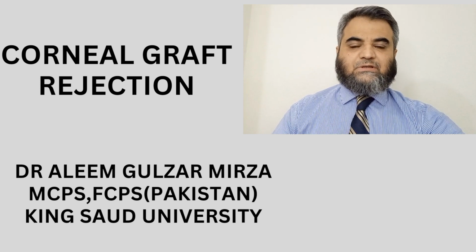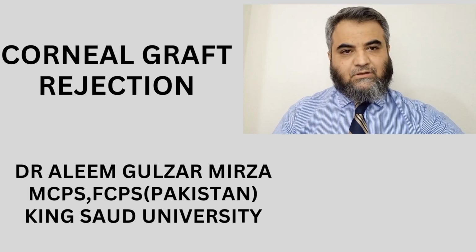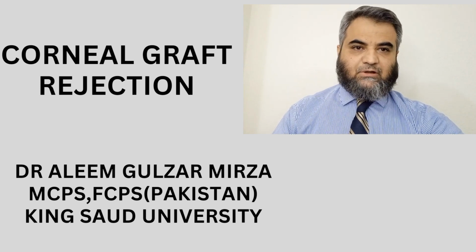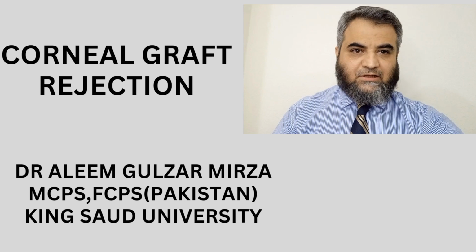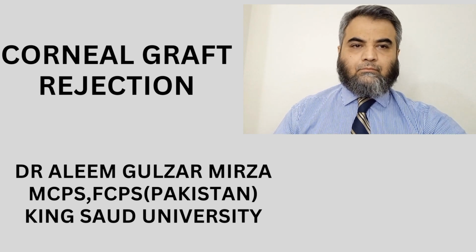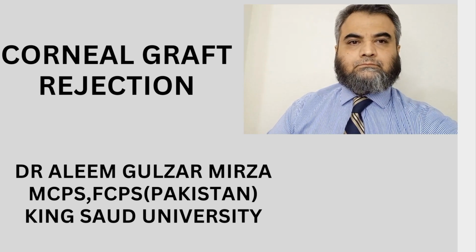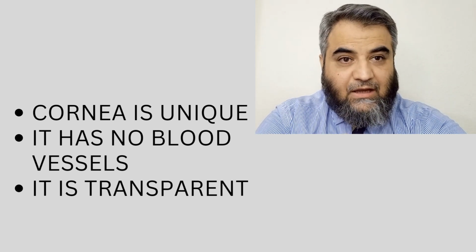Today we're going to discuss corneal graft rejection, its possible causes, pathophysiology, clinical features, and possible treatment. When we talk about the cornea, it is a special structure in the eye.